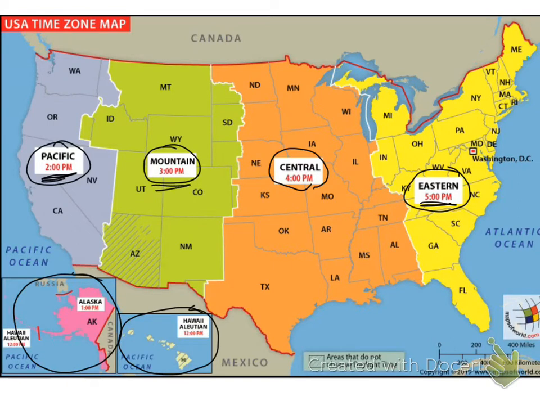The Mountain time zone, which is the time zone we're in, is because of the Rocky Mountains that we have located in this area. The Central time zone is because it's right in the central part of the United States. Alaska and Hawaii are in their own time zones, and the Aleutian Islands, which is part of Alaska, that's this part right here, actually is on Hawaiian time zone.